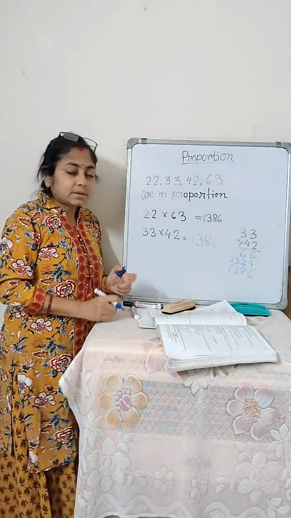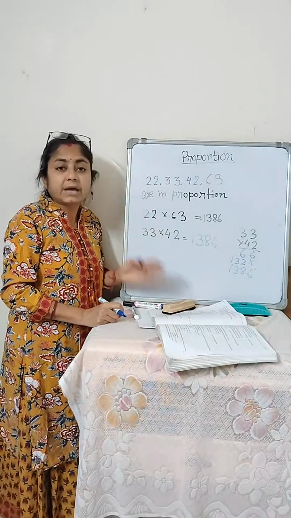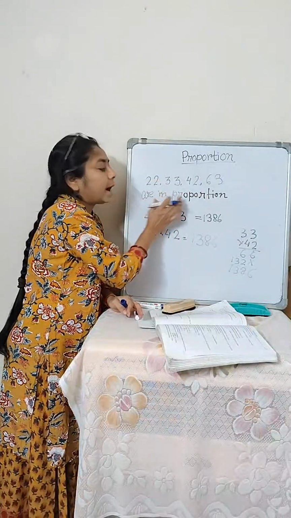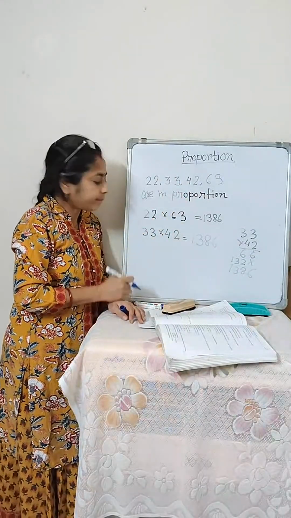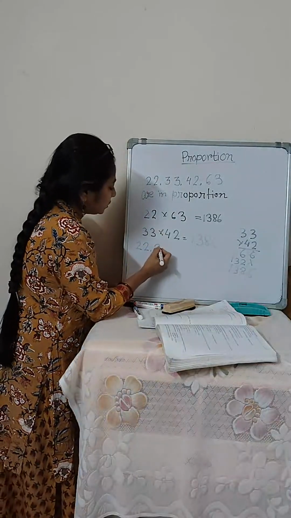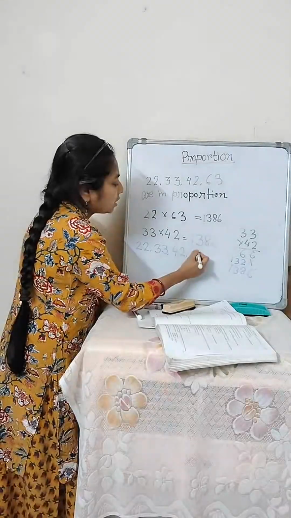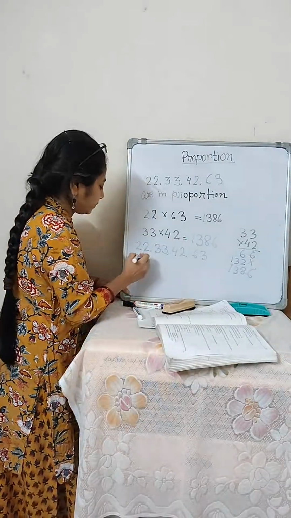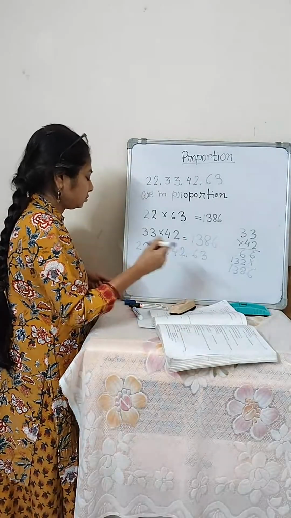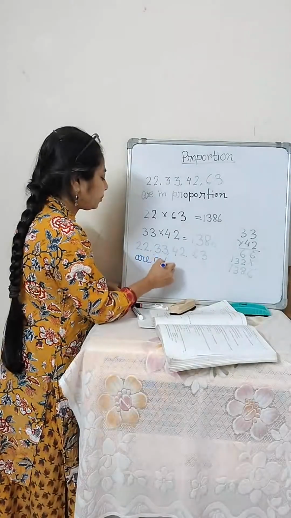It means the extreme part multiplication and the mean part multiplication results are the same. So we say that these four are in proportion. Okay, so I write this: 22, 33, 42, 63 are in proportion.